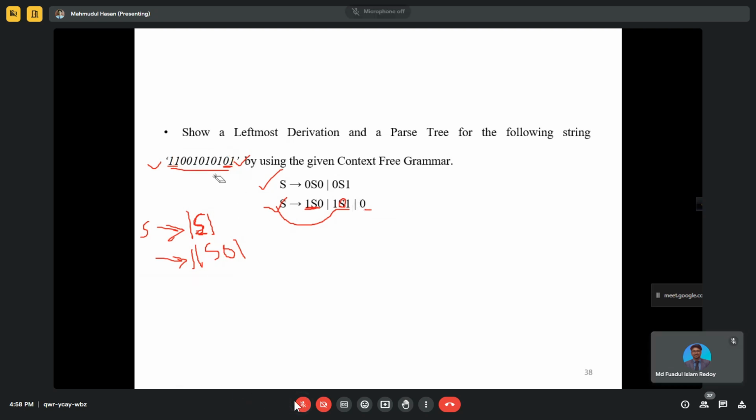Then which production rule do we need to choose, because we already completed this part? From S to 0S0, then S, then 1. That is 1 1 0 S 1 0 1.